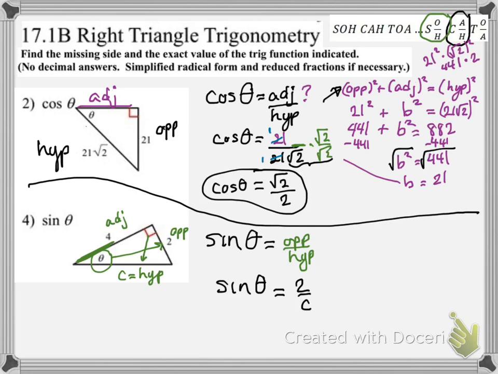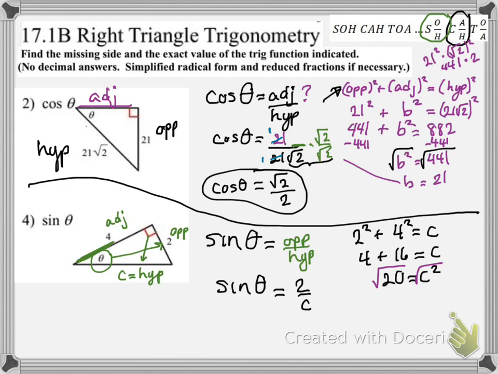The opposite side is 2. The adjacent side is 4. And I'm trying to find the hypotenuse, call that C. So 2 squared is 4. 4 squared is 16. 4 plus 16, 20, equals C squared. And of course, we get C squared to change to a plain C by taking the square root.